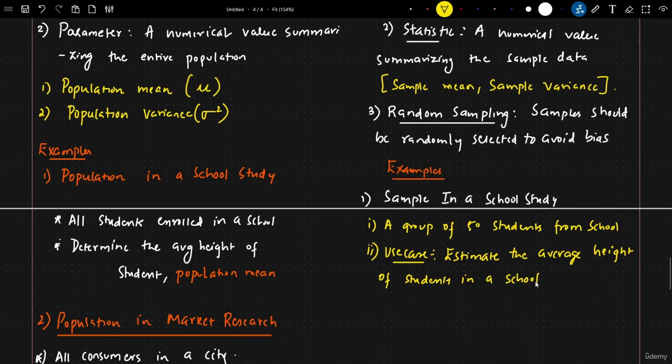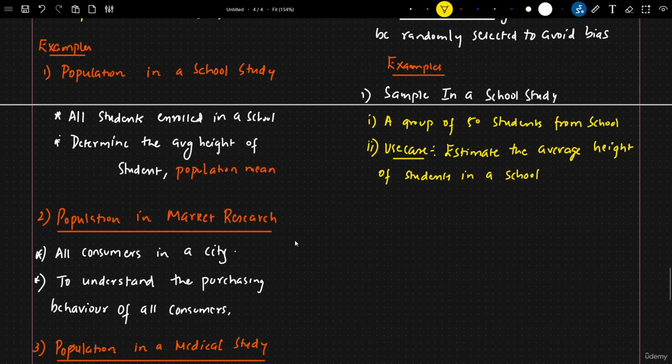For this, I will require a statistic value, which is the sample mean or sample variance. This is one example, and how to solve such use cases I will show you in upcoming videos. The second example is a sample in market research.